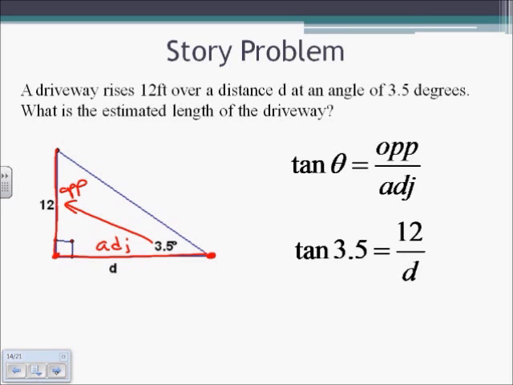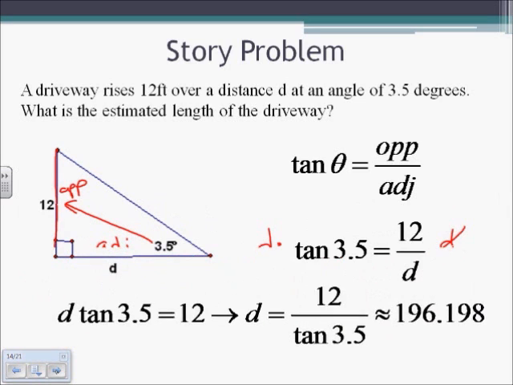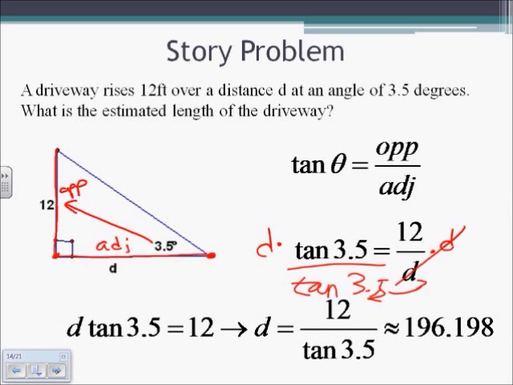And now we're back to the problem where I have the variable in the denominator, so therefore I'll multiply by d on both sides, and then I'll cancel it out and I'll divide both sides by the tangent of 3.5, giving me my variable solved by itself. So d tangent of 3.5 is equal to 12, divide both sides by tangent of 3.5, and I'm left with d is equal to 12 over the tangent of 3.5, or approximately 196.198 feet for the driveway.